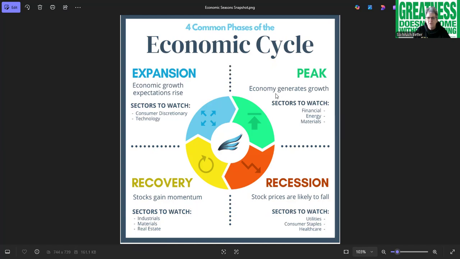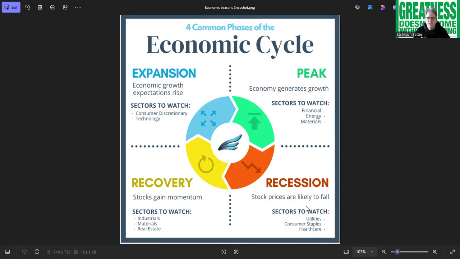The economy generally grows, but if you've got investments, it's the best time to start taking out, reaping the rewards of all the recovery and expansion, as the total amount of your investments reaches its peak at this point in time. Sectors to watch are the financial, the energy, and the materials. Then this peak period, or the fall, leads back into the winter, or the recession period. And this is how the cycle generates itself.